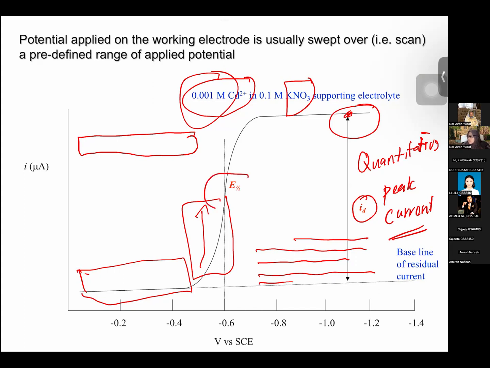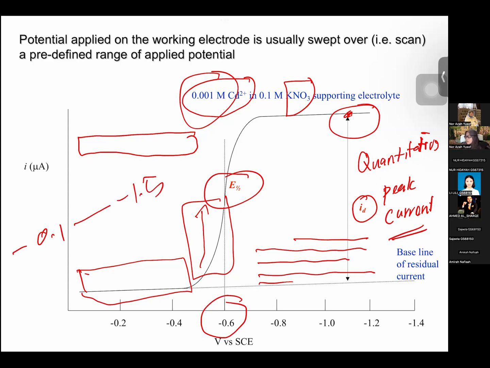So what about E half? Half potential. You can see that when we supply potential to the solution, we usually set a range. In here, let's say we start from negative 0.1 to negative 1.5. It's not a single value, it's a range.